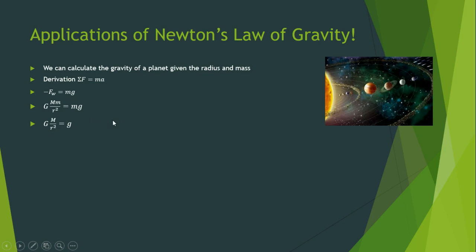It's important that you see here that the gravity on something on a planet is not affected by the mass of the smaller object. It's only affected by the mass of the planet.